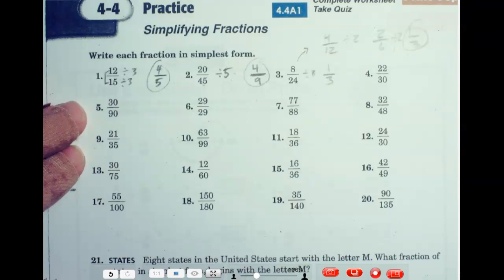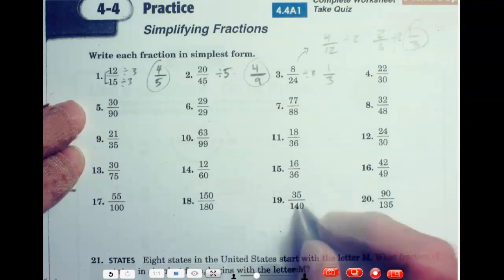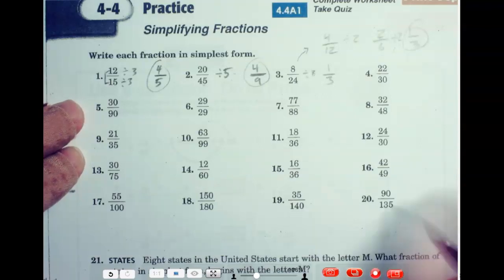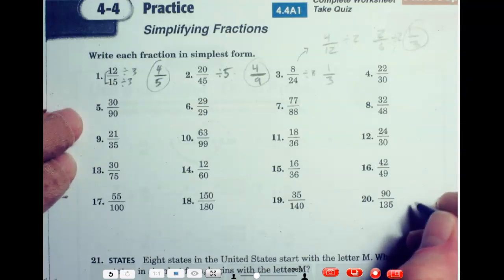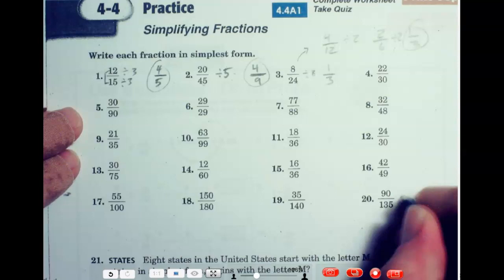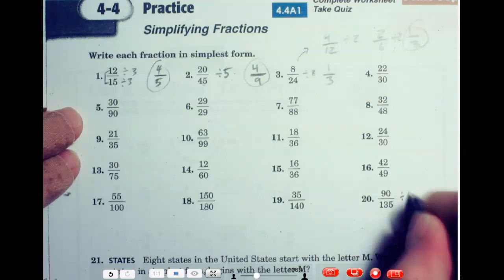If the numbers are big, like down here on 135, well, let's just do this one, 90, 135ths. Now, I'm not sure if there's a number bigger than 5 that goes into both of these. But I know 5 is, and I'm going to get the number smaller, so I'm going to divide them both by 5.